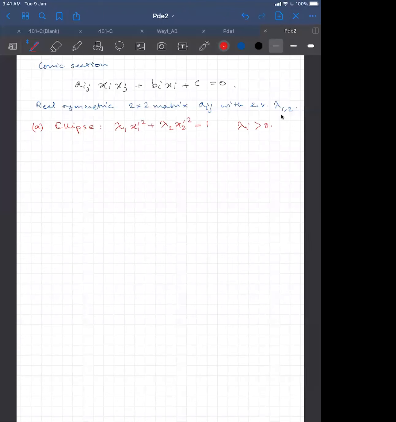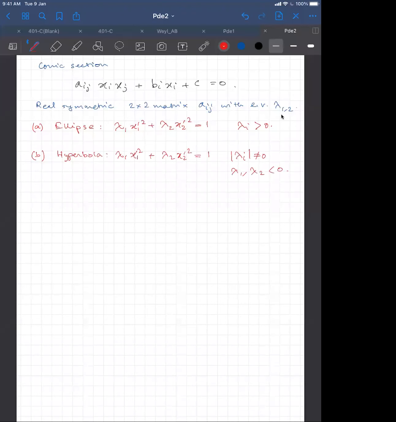Or you can have a hyperbola if lambda 1 x1 prime squared plus lambda 2 x2 prime squared is equal to 1, if lambda i's are not equal to 0 and lambda 1, lambda 2 have opposite signs.